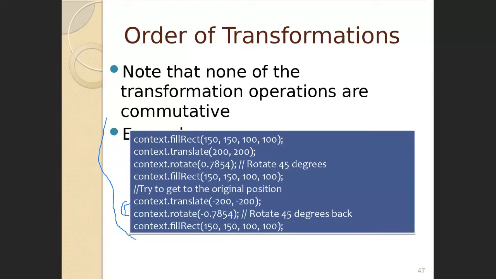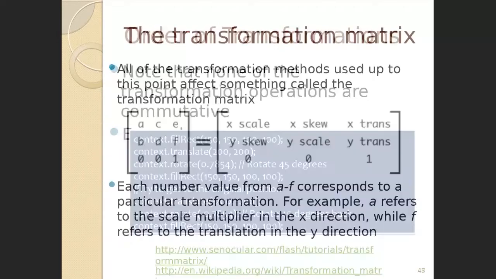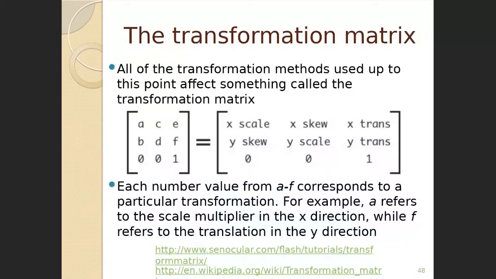Then one more thing in transformation is skewing or shearing. What is skewing? I will explain. If I have, let's say, a square or rectangle, and I do rotation, it will become like this.